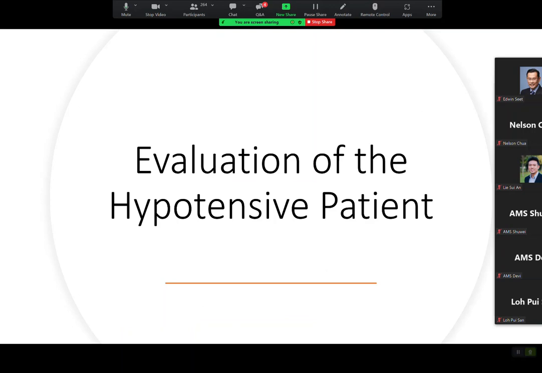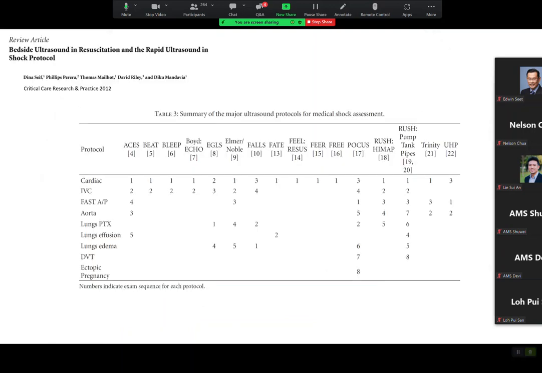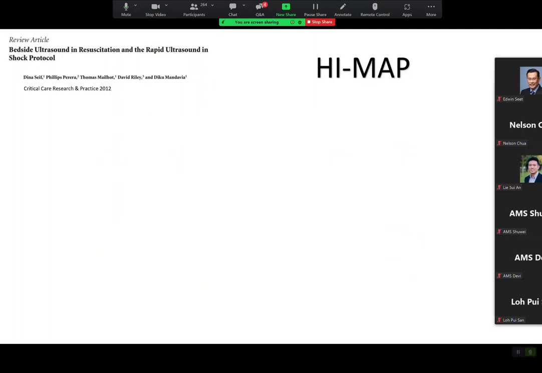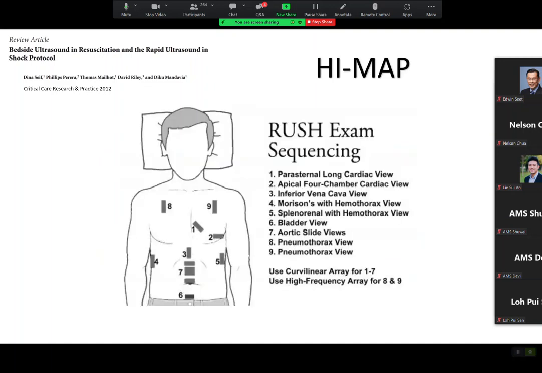So what about evaluation of the hypotensive patient? Again, as you can see, quite a large number of protocols that can be used. The RUSH protocol is quite commonly cited and used. We can use a HIMAP mnemonic. H stands for heart, I for the IVC, M for Morrison's pouch, A for aorta, and P for pneumothorax.